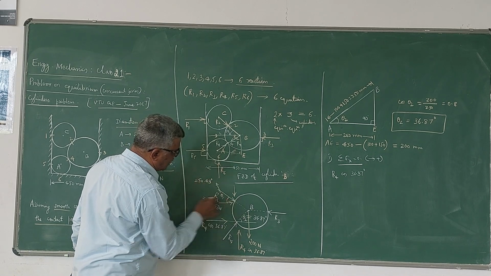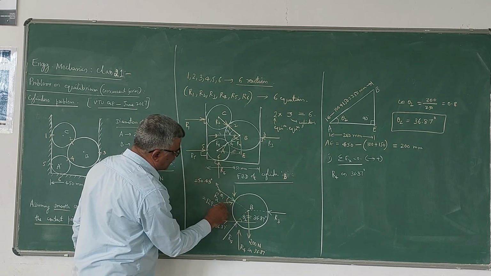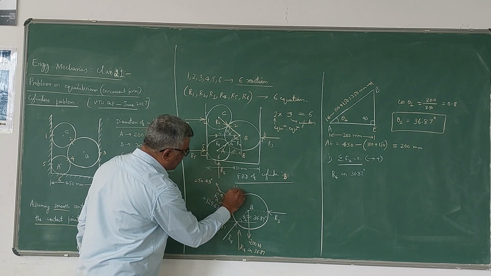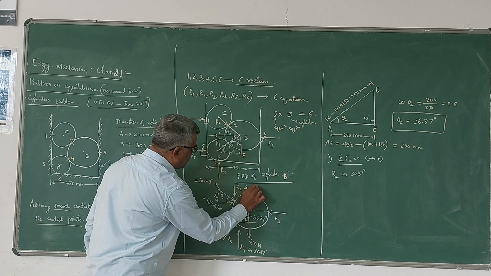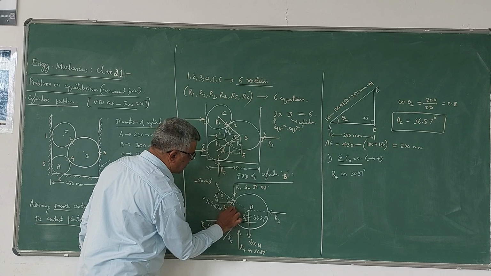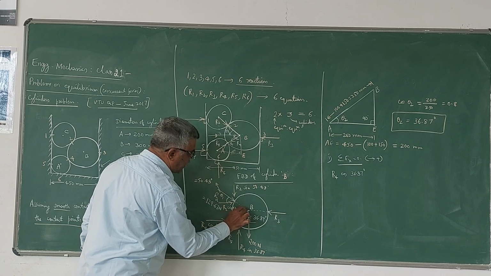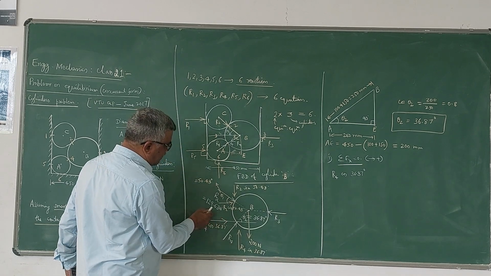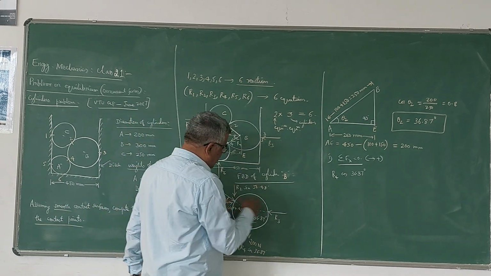If you resolve that, this horizontal component will be R2 cos 50.48, and this will be R2 sin 50.48. Anyway, R2 value you know. This R2 value is 129.63 and it is acting towards this side.